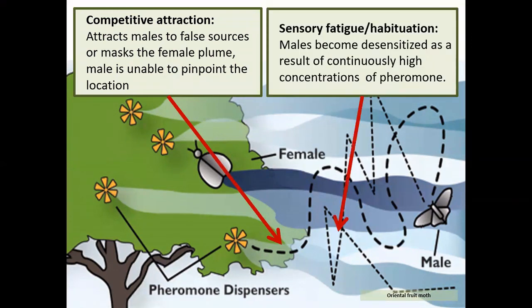Or the release of pheromones in such high concentrations can desensitize the male to the chemical. In either case, mating doesn't occur, and so you have a reduction in populations. And as I said, this can be very effective for Oriental fruit moth. There are lures that are available for other pests as well, with varied efficacy depending on the characteristics of the insect pest.